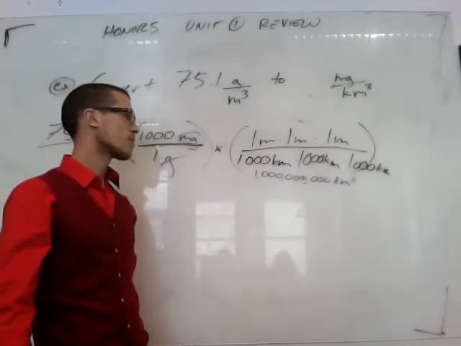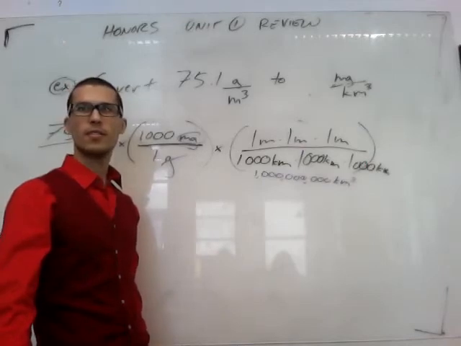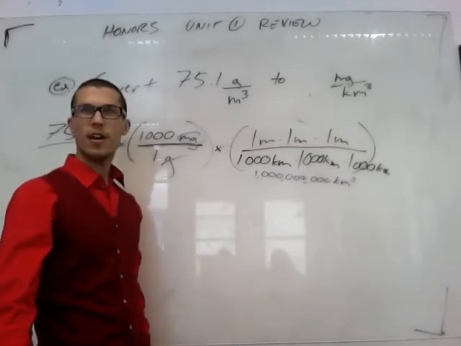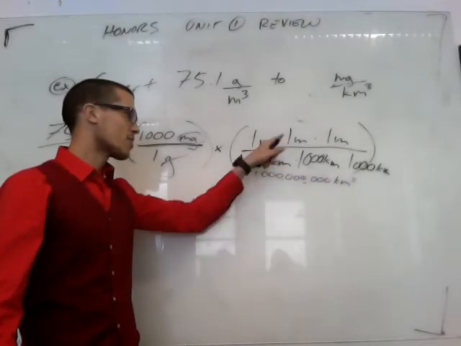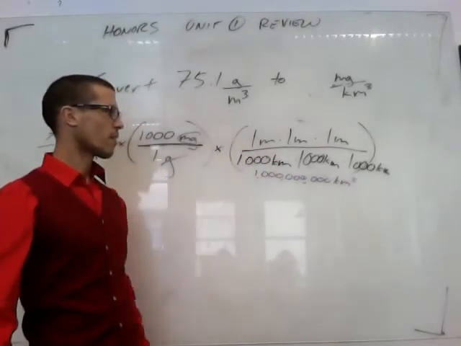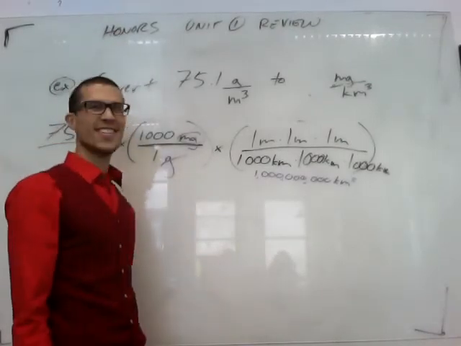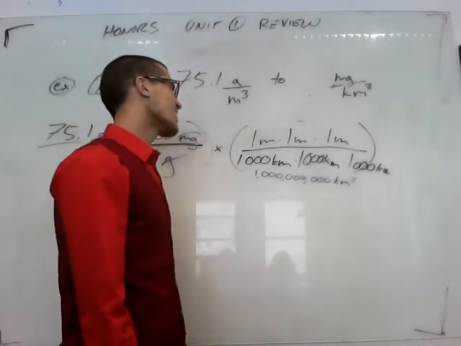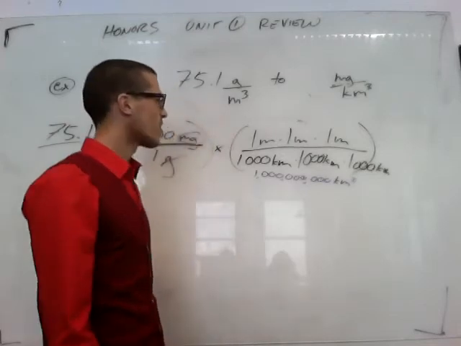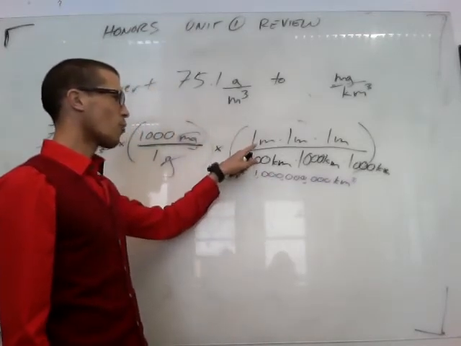Okay, well, yeah, I got it. I'll give you a hint. It has something to do with this thing over here. Could it be another parentheses? Not really. There's 1 meter for every kilometer.